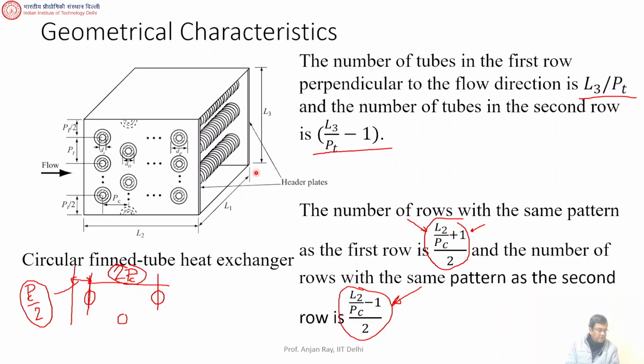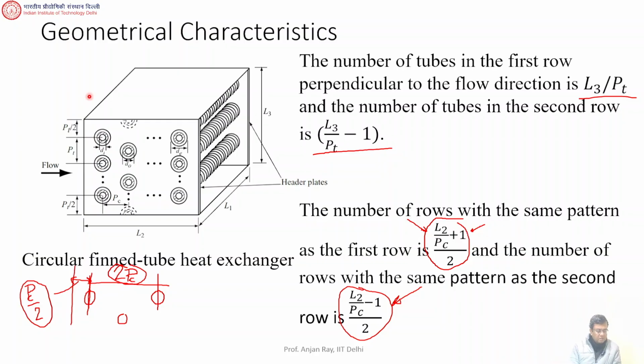This is L1 and the vertical is L3 and this is L2. So L1, L2, L3. This is how it goes. Start from the back, and for the liquid flow, the tube length is L1. So you go L1, L2, L3, okay, in that sequence. So the height becomes L3.